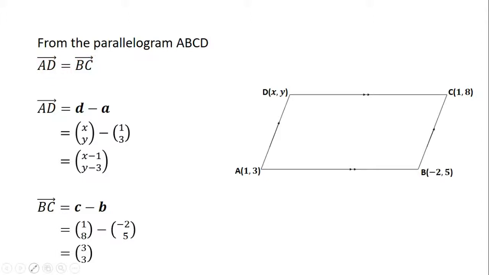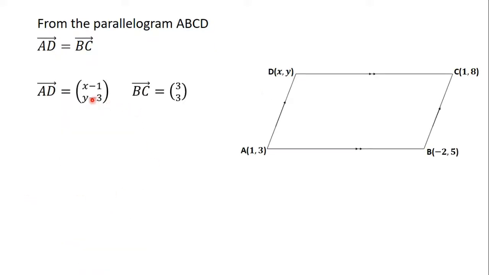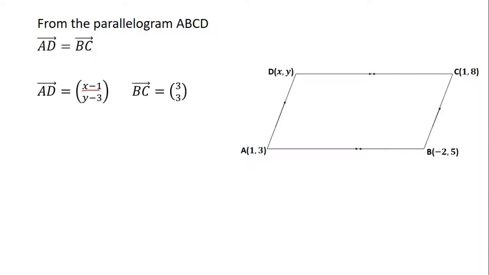We know that this vector here is equal to this vector here. What did we learn about equal vectors? We learned that if two vectors are equal, then the x-coordinate of the first vector is equal to the x-coordinate of the second vector. So here, x minus 1 will be equal to the x-coordinate of BC, which is 3.